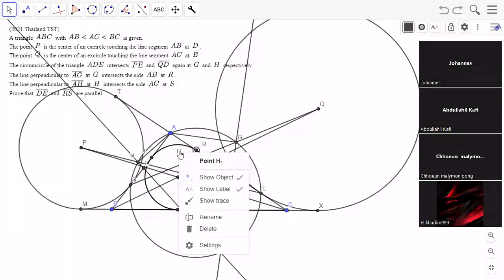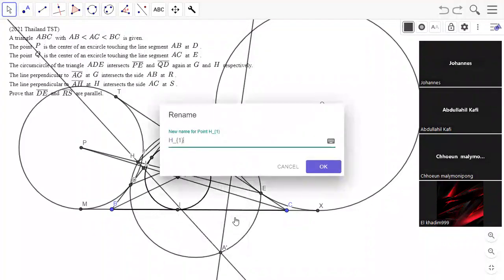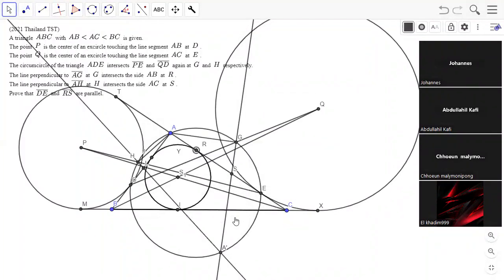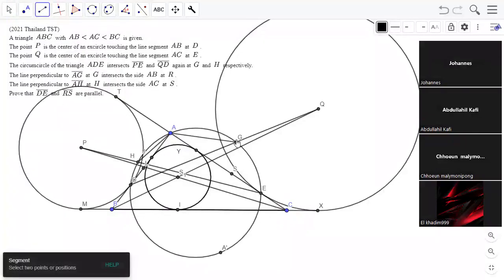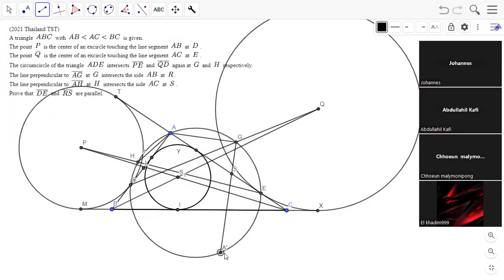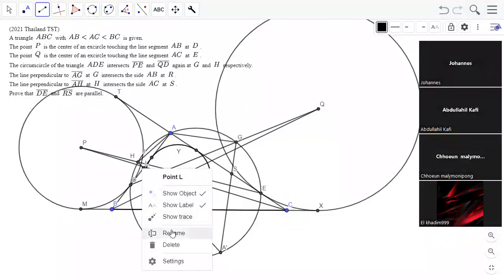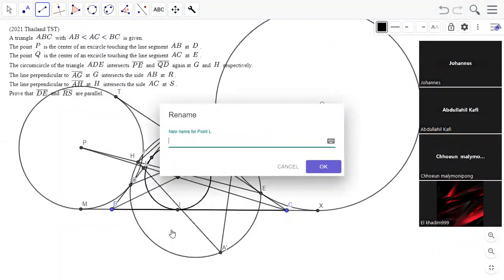Well, actually, okay, this I can rename. And this one I'm gonna hide. Okay. We want to show DE and RS are parallel.